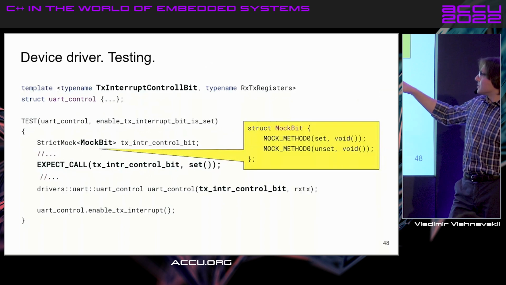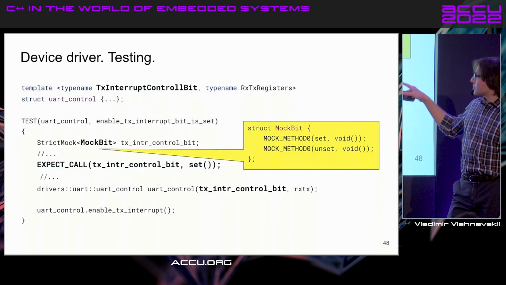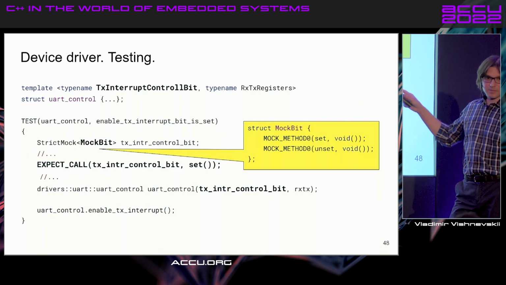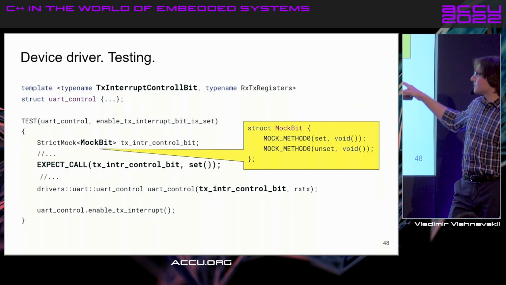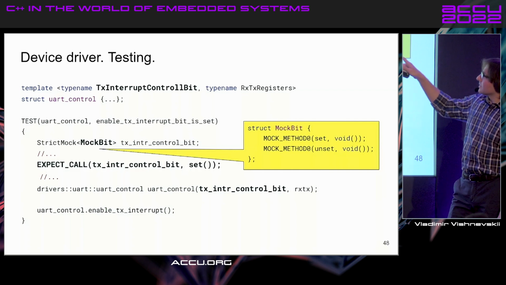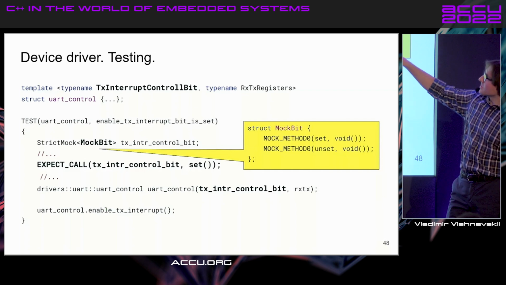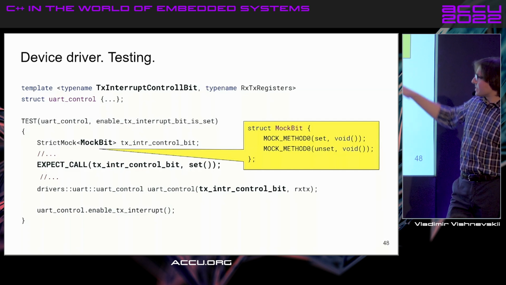Then we can inject it and set up the expectations. Here again a C++17 feature is used: we do not provide the template parameters because they are deduced from the types of the constructor parameters. But what is important here is that this TX control bit is injected in a way that the UART control depends only on a template parameter that we can specify here.